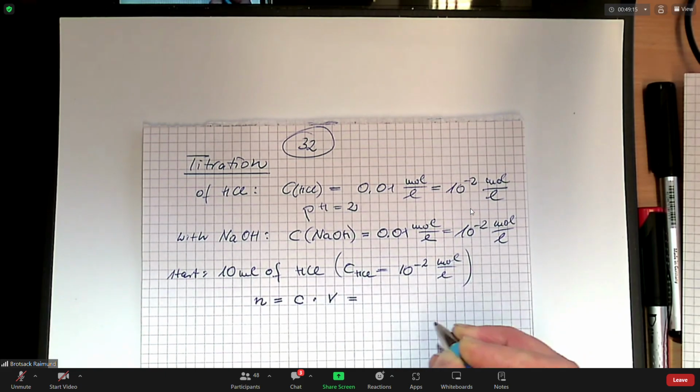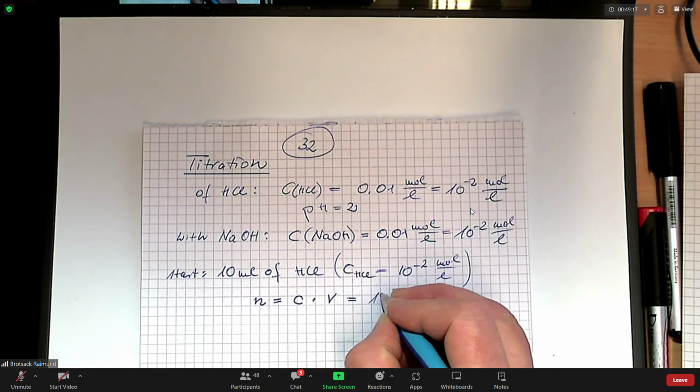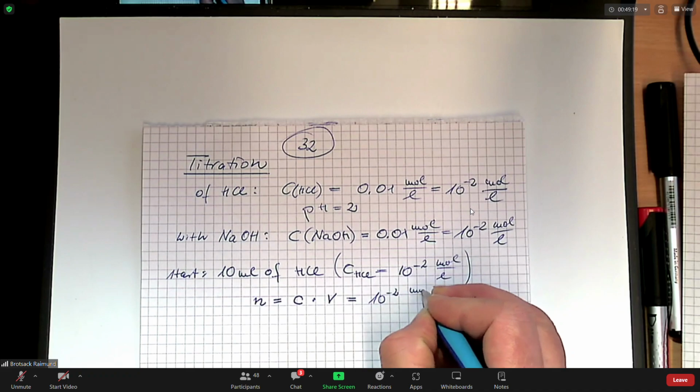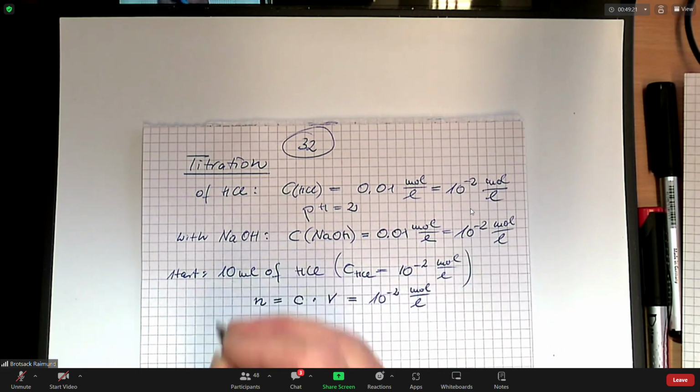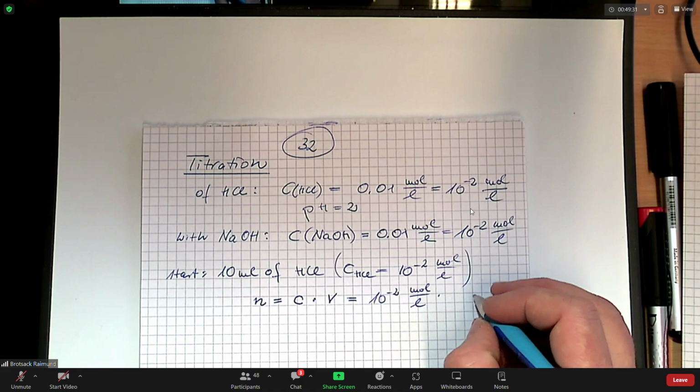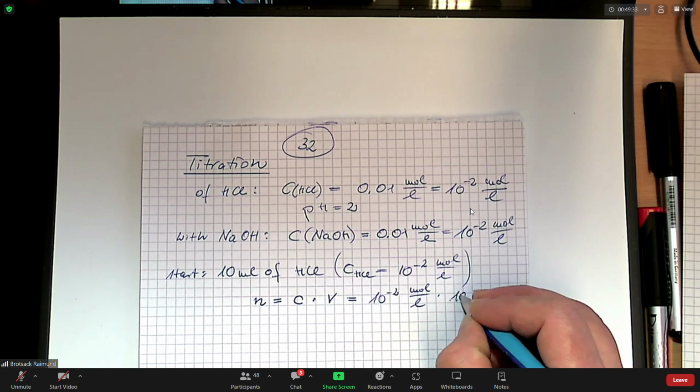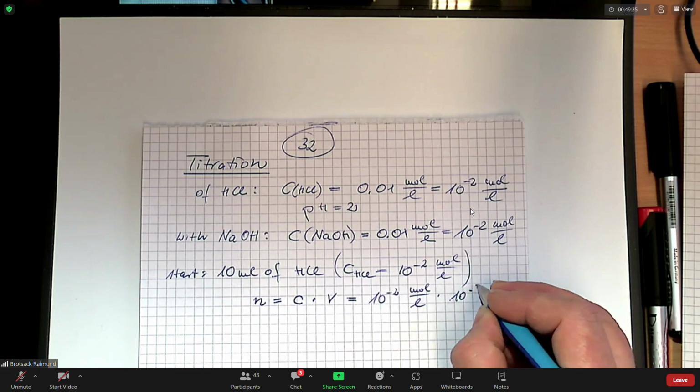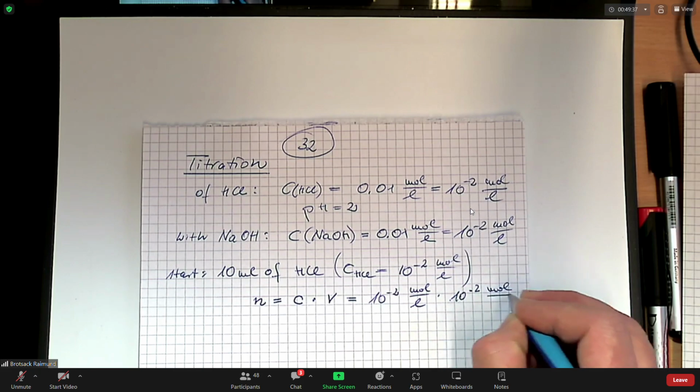Now, in this example, the concentration is 10 to the power of -2 mole per liter. Now we have to convert 10 milliliters into liters. How many is that? 10 over 1,000, or 10 to the power of -2. Is that right?